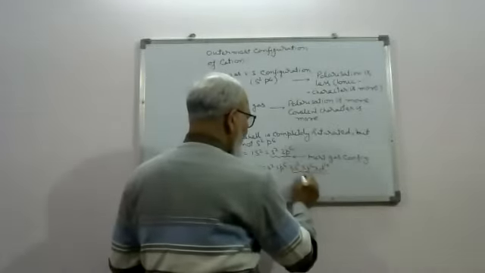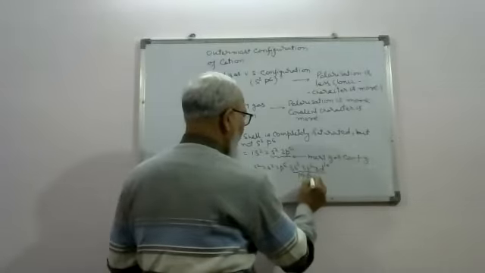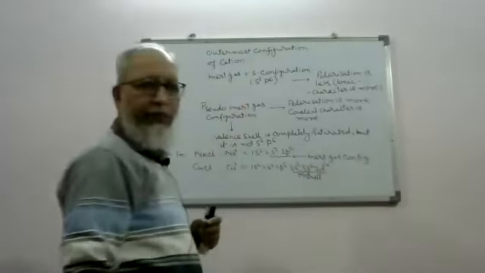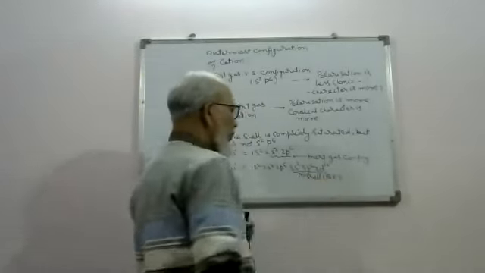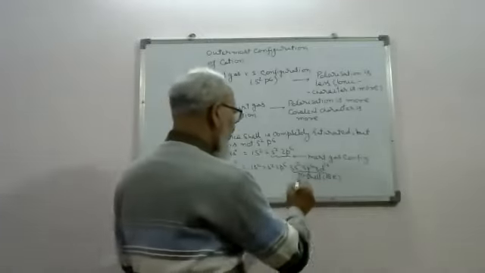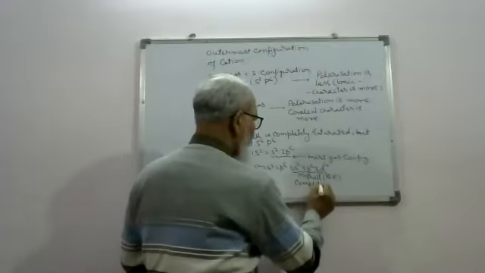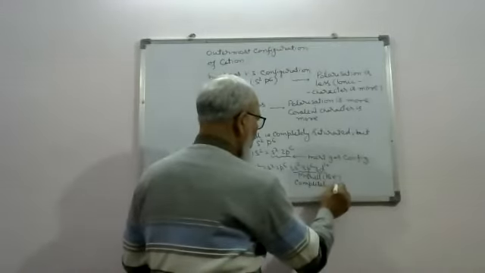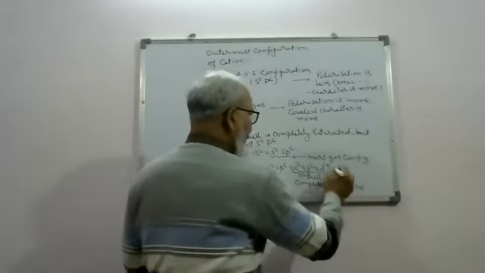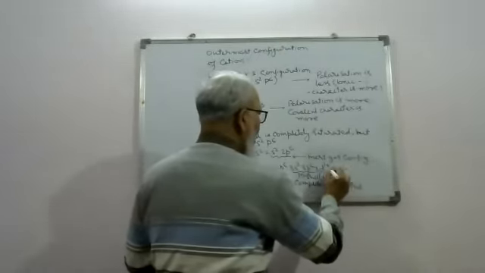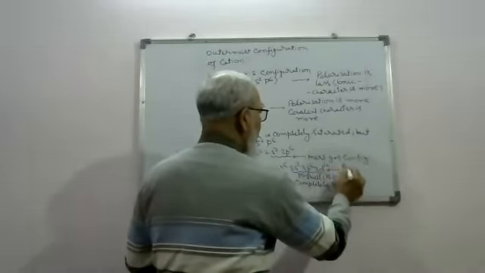This is your M shell, and the M shell can have a maximum of 18 electrons, that is completely saturated. So this configuration will be your pseudo inert gas.